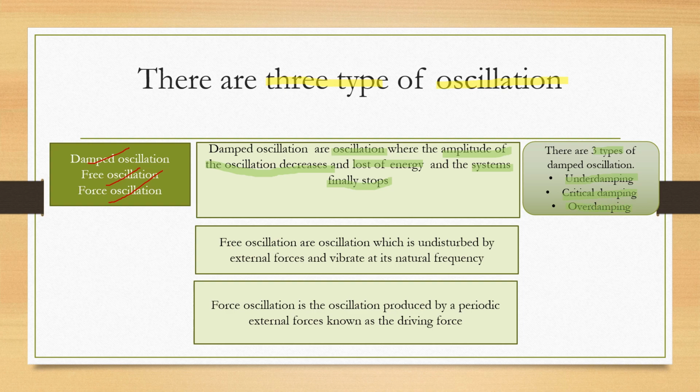Now let's look at the next one, which is free oscillation. Free oscillation is oscillation which is undisturbed by external force and vibrates at its natural frequency. The highlighted ones are key points, keywords. The teacher wants you to memorize the keywords. The next one is forced oscillation. Forced oscillation is the oscillation produced by a periodic external force known as the driving force.